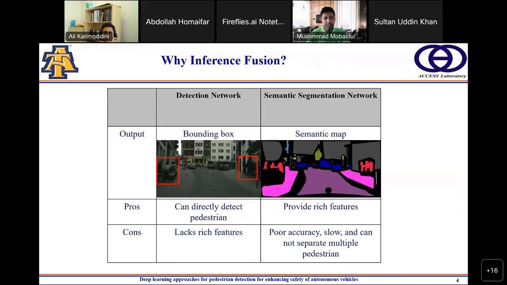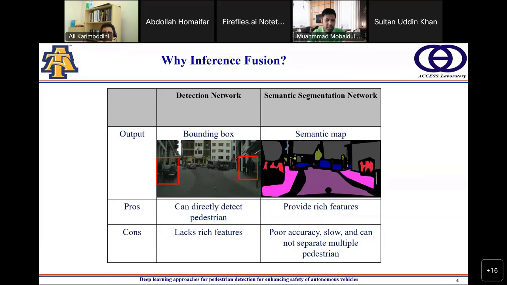While it is important to detect pedestrians robustly, one of the ways to improve the detection performance is inference fusion. Before diving into details of this section, let's talk about the importance of inference fusion. We see the output of a detection network is bounding boxes, and the output of a semantic segmentation network is a semantic map. The positive side of a detection network is that it can directly classify and localize the pedestrian, while the semantic map can provide rich features.